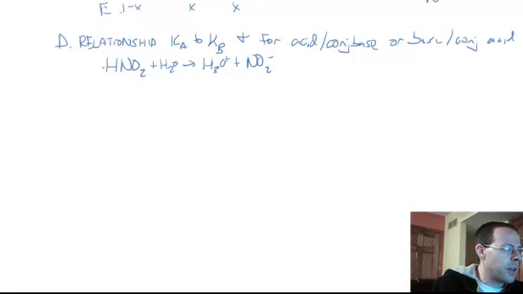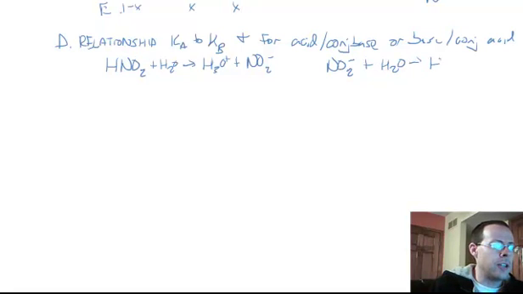So we have acid, base, conjugate acid, conjugate base. And then if we start on the other side, with the conjugate base this time, and add it to water, we are going to get HNO2 and hydroxide.